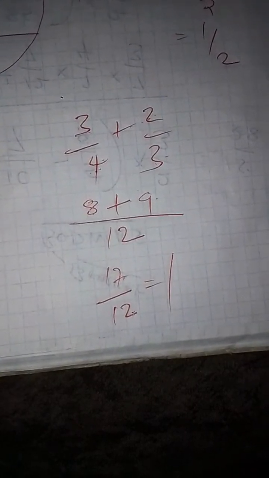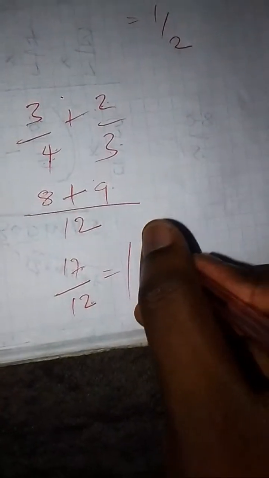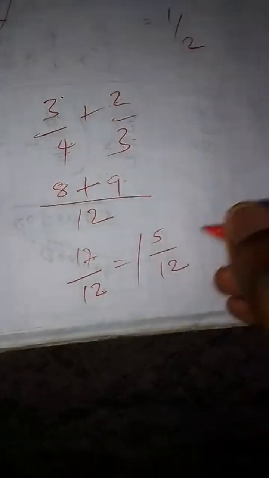And 17 subtract 12 is 5. So you have 1 and 5 over 12. So that is what becomes the answer.